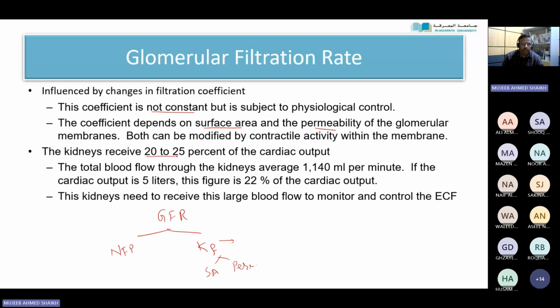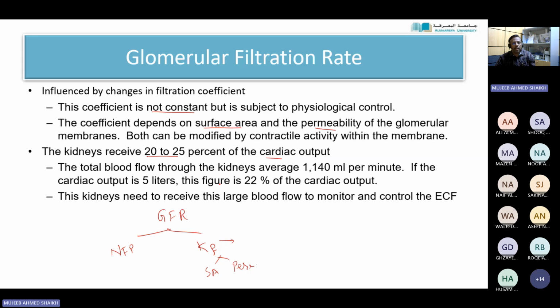Kidneys are receiving 20 to 25% of the cardiac output. We have seen in the previous lecture that they are receiving a huge amount of blood flow because they are cleaning, or filtering, the blood.